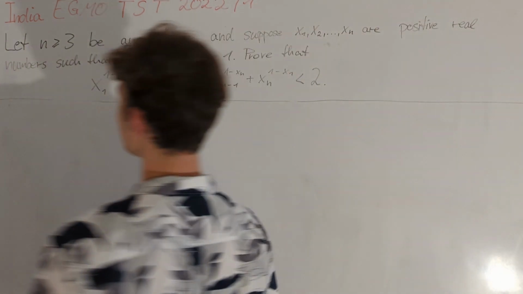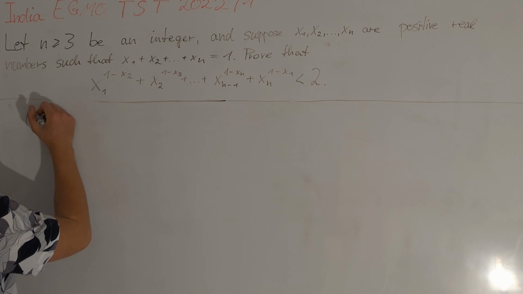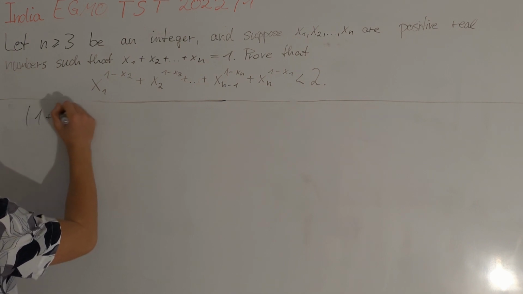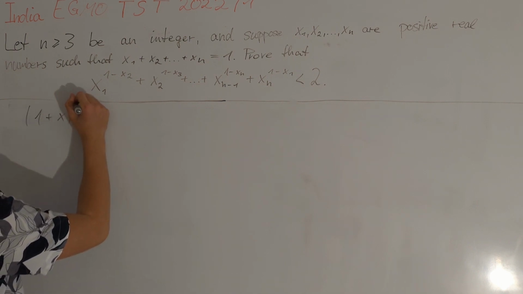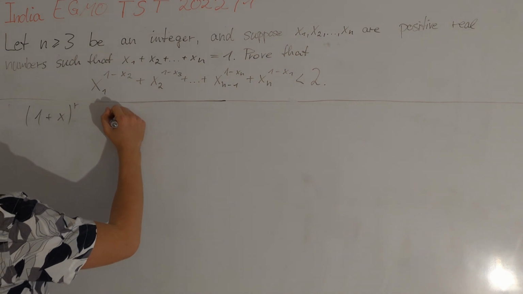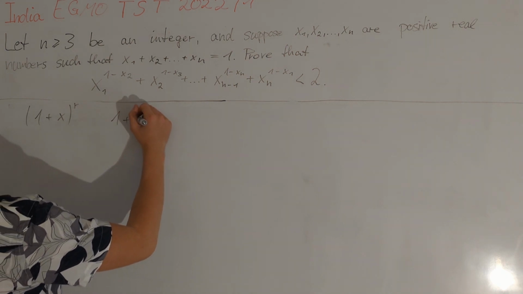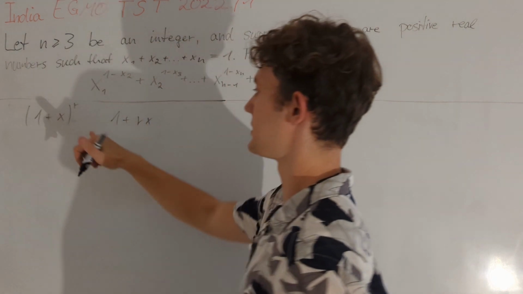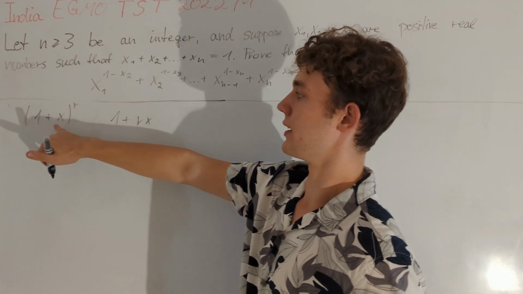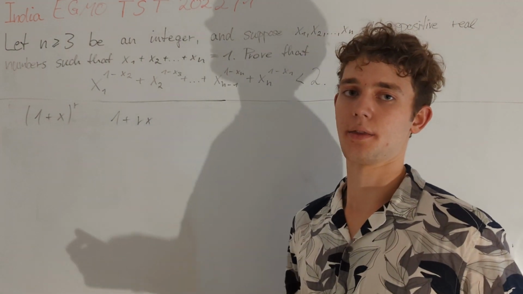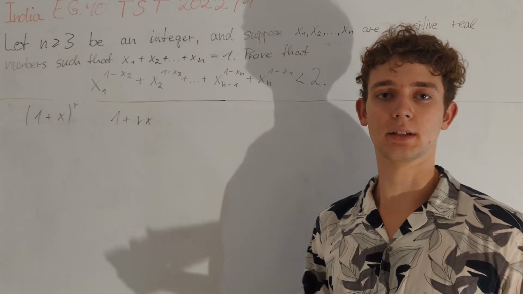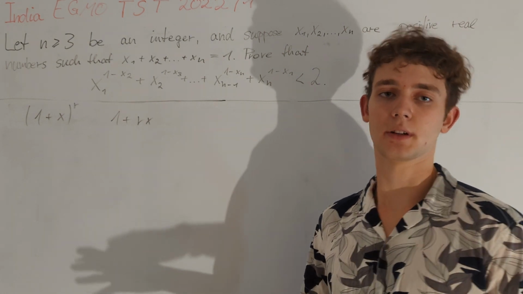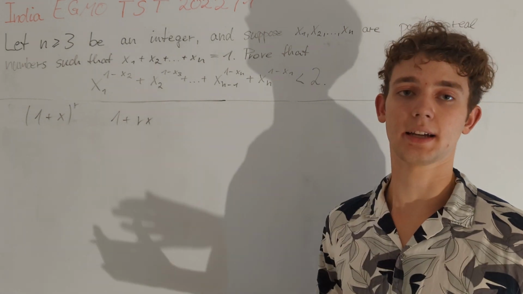Bernoulli's inequality gives us a way to bound terms of the kind 1 plus x to the power of r by a term like 1 plus rx. The inequality sign depends on the intervals which x and r lie in. Therefore, the Bernoulli inequality is not really one inequality, but a set of inequalities depending on different cases.